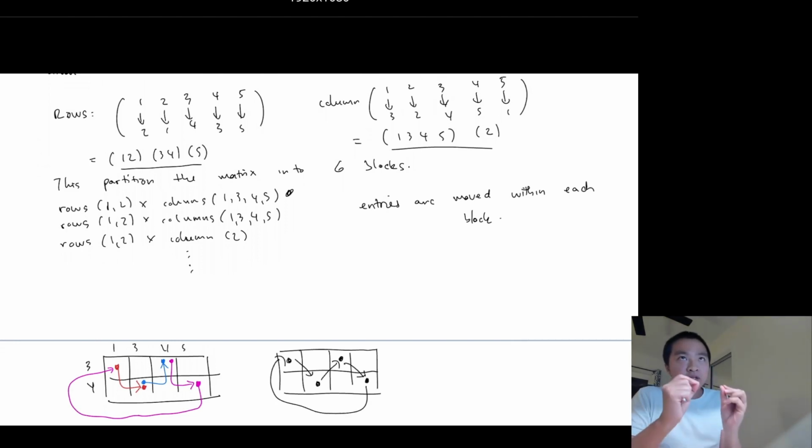Okay, so in order for the matrix to not change, these 4 entries must have the same values, right?